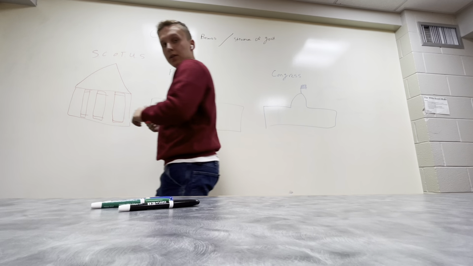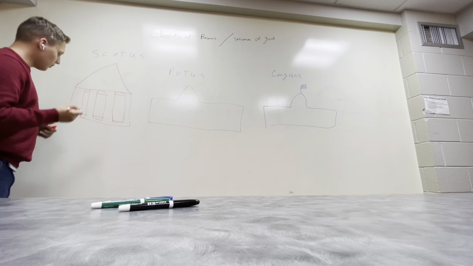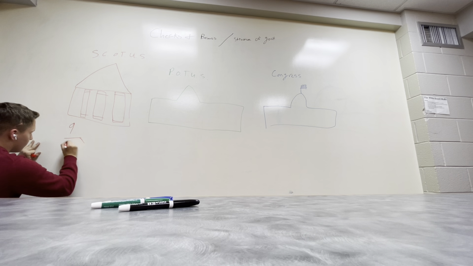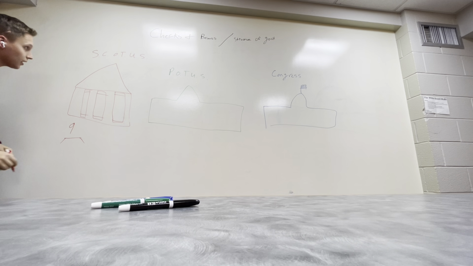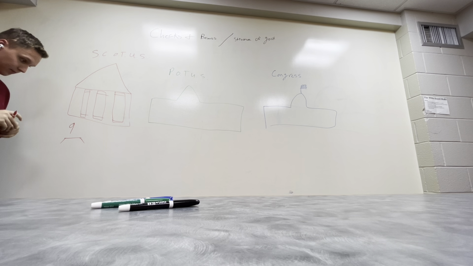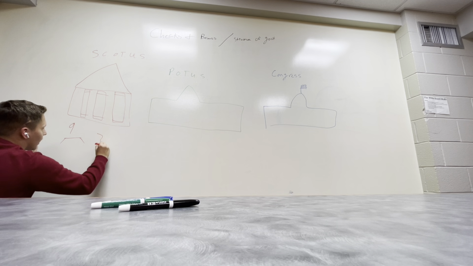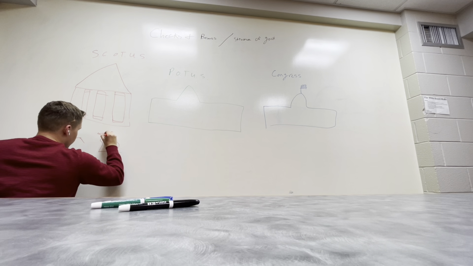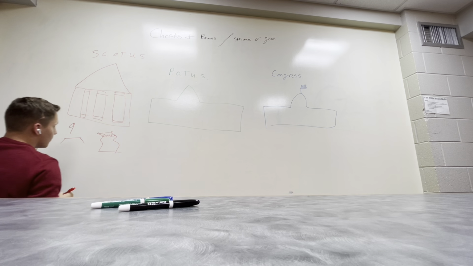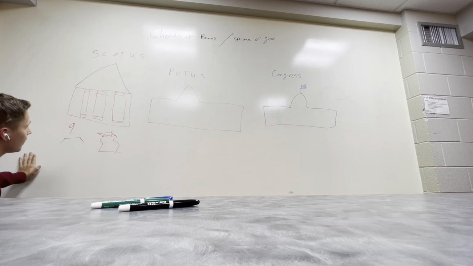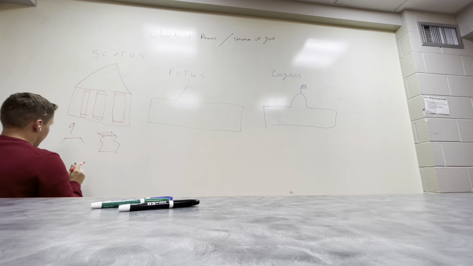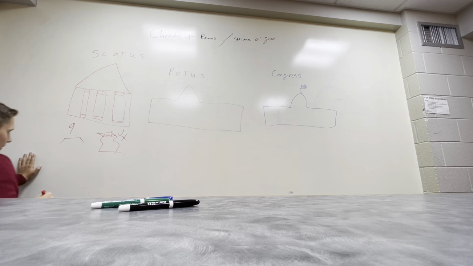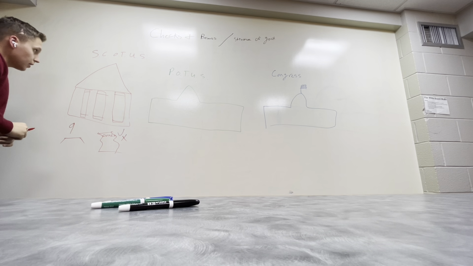If we come over here to SCOTUS, SCOTUS is made up of 9 members on the bench, and what they do is they review the Constitution to see if the bills and the laws that Congress passes are constitutional or unconstitutional.